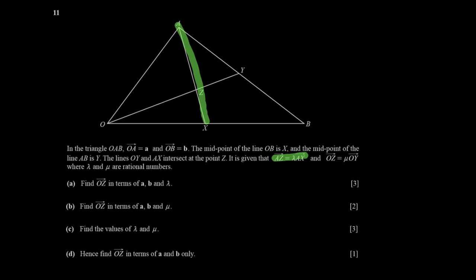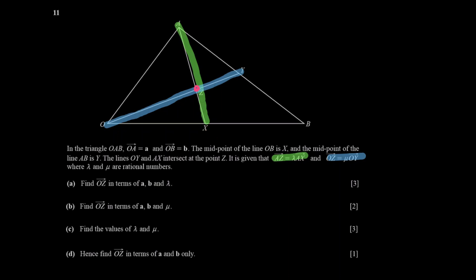And we're also told that OZ is equal to mu OY. So that's that line there. Now, hopefully what you'll notice is that the point Z is the intersection of those two lines. So really what we're going to try to do is define the vector that goes from O to Z in terms of the blue line and also in terms of the green line.